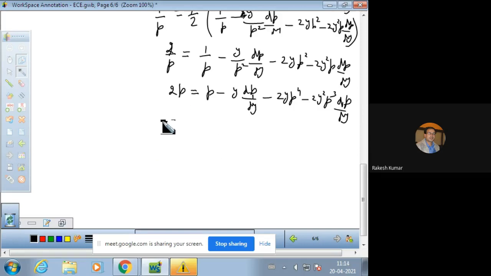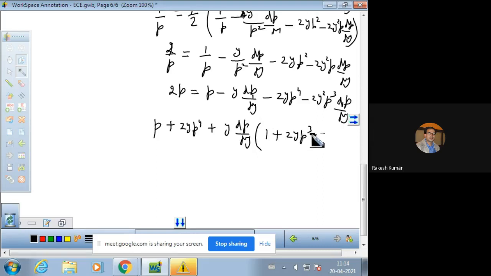So 2p minus p will be p, and this term minus 2y p to the power 4 can be taken to the left hand side, and in this term you can take common y dp over dy, so 1 plus 2y p cube is equal to 0.